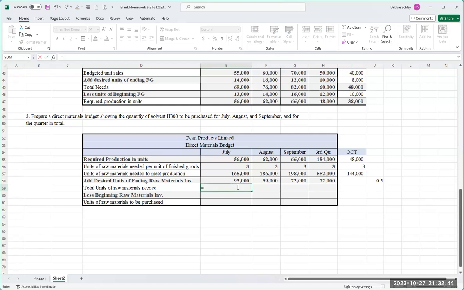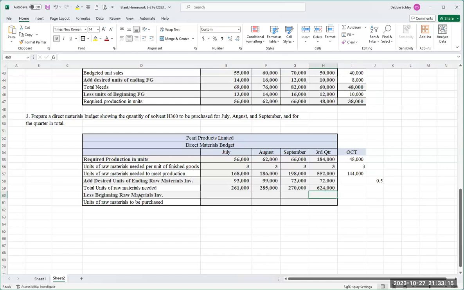Equals sum, this one and this one. Again, I can either add these two or I can add those three. That's going to give me the third quarter total, this plus this.